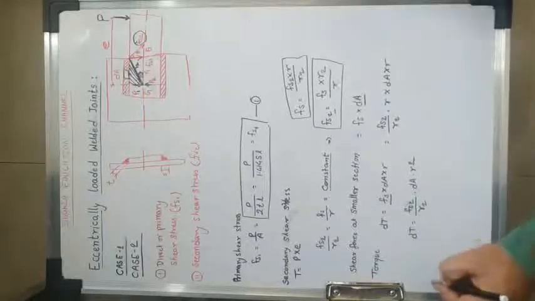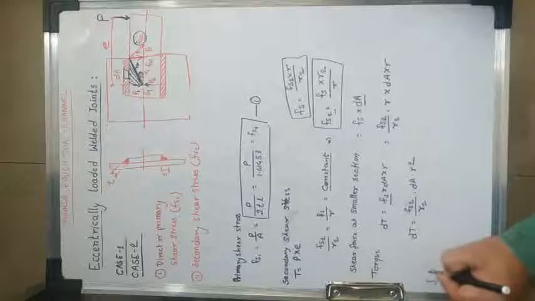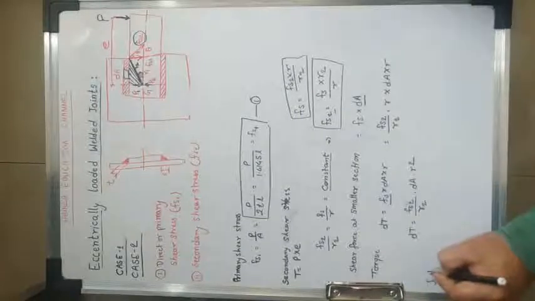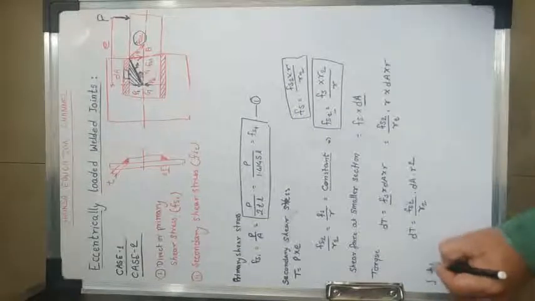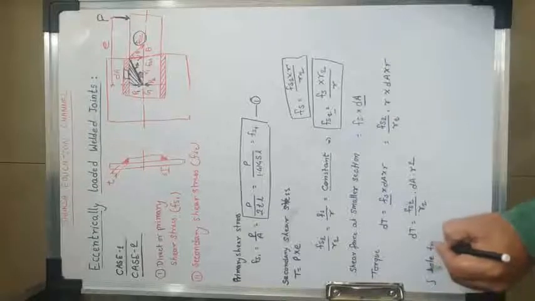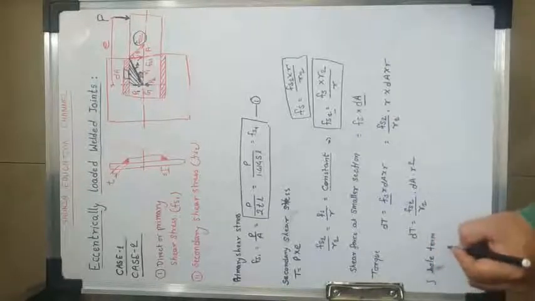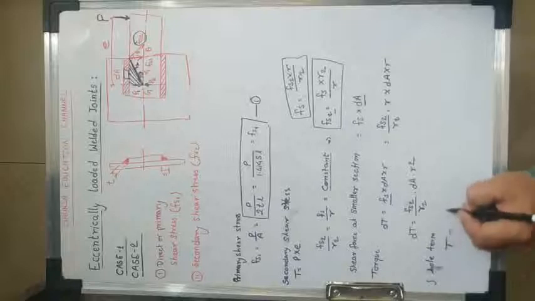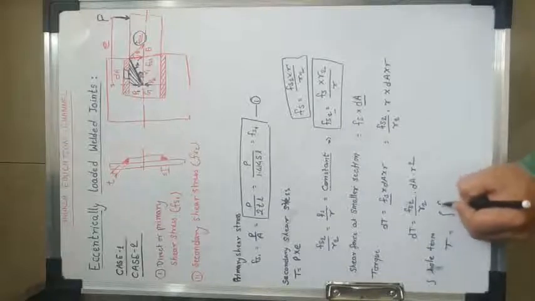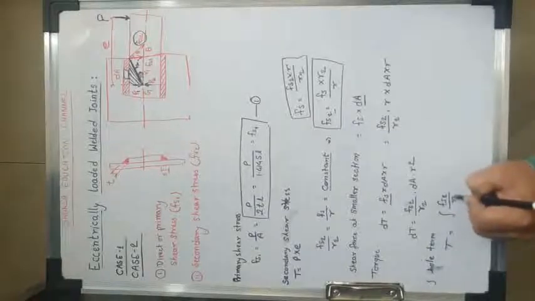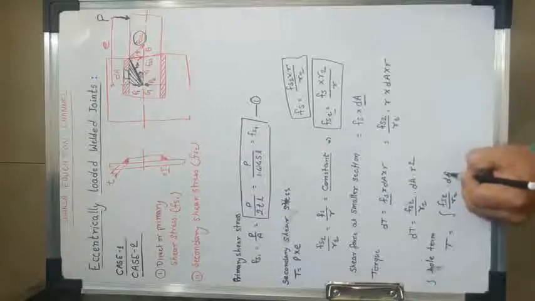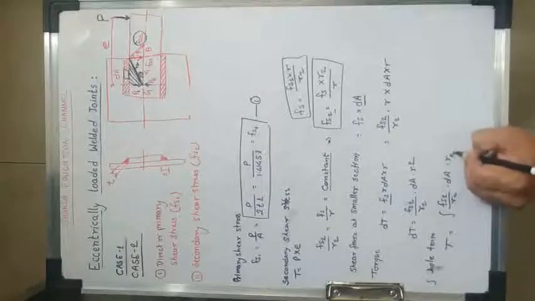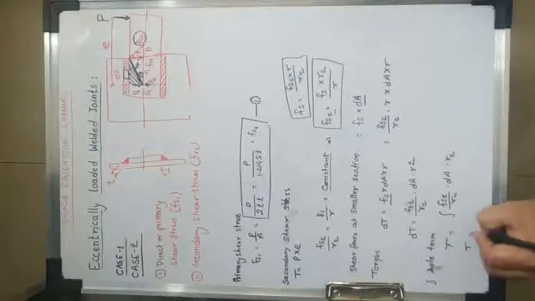So integrate the whole term, then it comes T. After integration, Fs2 upon R2 into dA into R square. Then what will become?